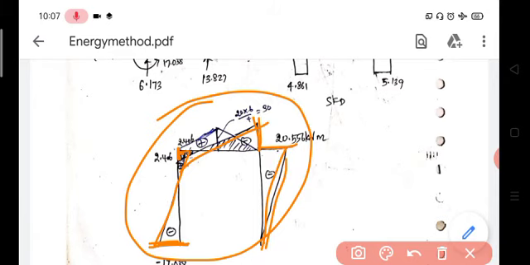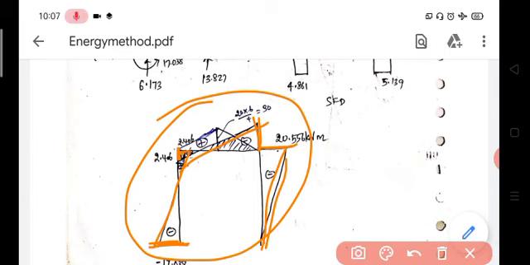Now superimpose the simply supported moment diagram on the fixed end moment diagram.